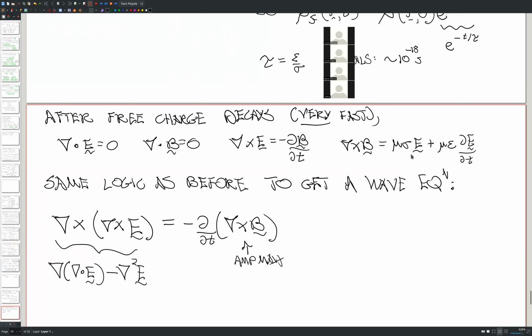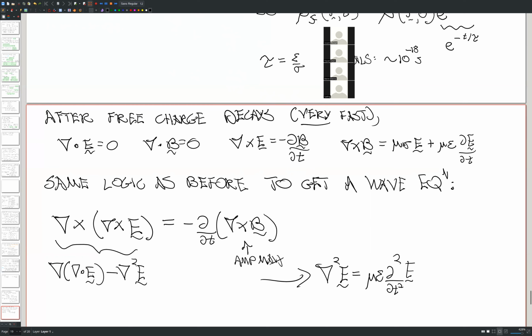Yeah, which is this equation here, in order to obtain a wave equation that now looks dangerously similar to what we had before. So I've got the Laplacian of E, and I've got now the second time derivative of E here, so mu epsilon second time derivative of E. But now there's an extra term.